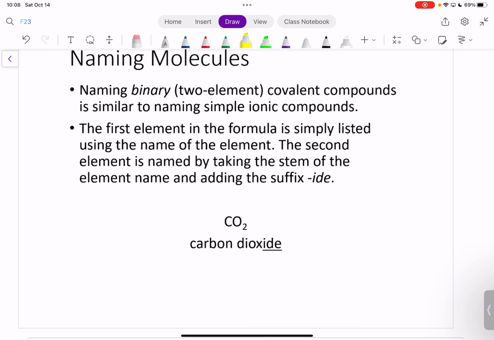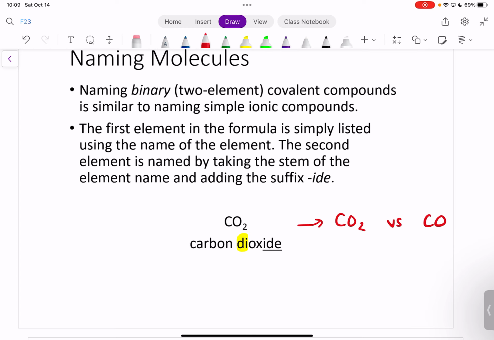All right, but what you'll notice is different from ionic compounds is that we have this prefix here, di. With molecular compounds, it's not like with ionic compounds where they have to form in a specific ratio in order to cancel out those charges. Molecular compounds can form in different ratios. I've used this example in class quite a bit, but CO2 versus CO, these are very different molecular compounds.